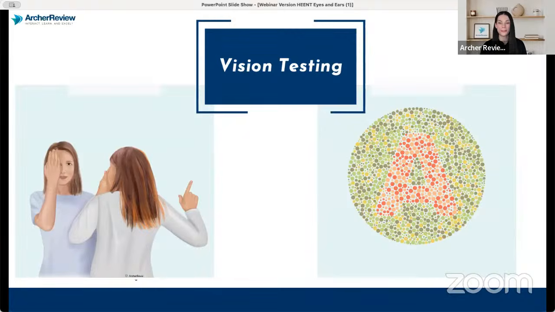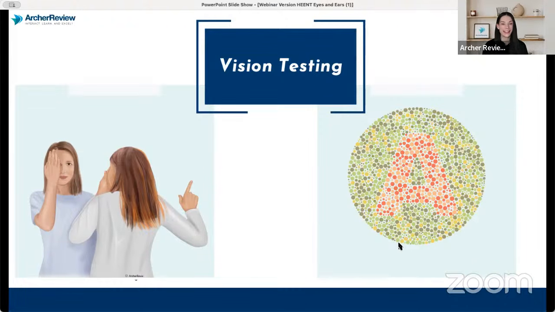So this is the visual fields of confrontation exam. So you just have the patient cover their eye, and then you're going to move in from the side because you're testing their peripheral vision. So pretty easy to perform in office. If you are really worried about patients' eye exam, I would refer them out. These are just very basic exams that we can use to get down what might be going on with these patients.